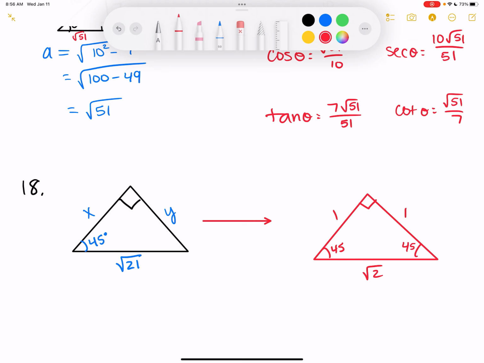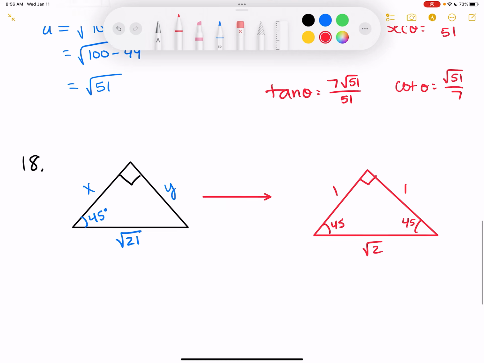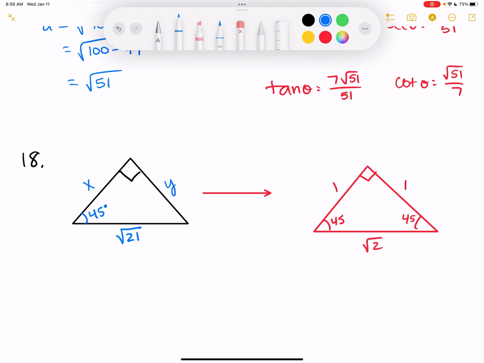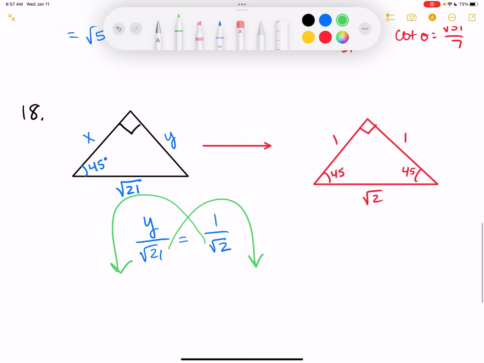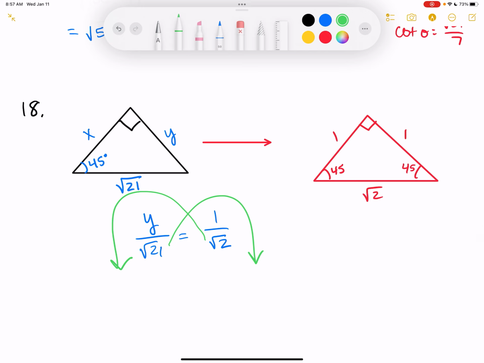We are going to say that y over the square root of 21 is equal to 1 over the square root of 2. I'm trying to get equivalent values basically. So then I can do the fancy little pretzel and multiply. So I have on the left square root of 2 times y, and on the right I have the square root of 21.